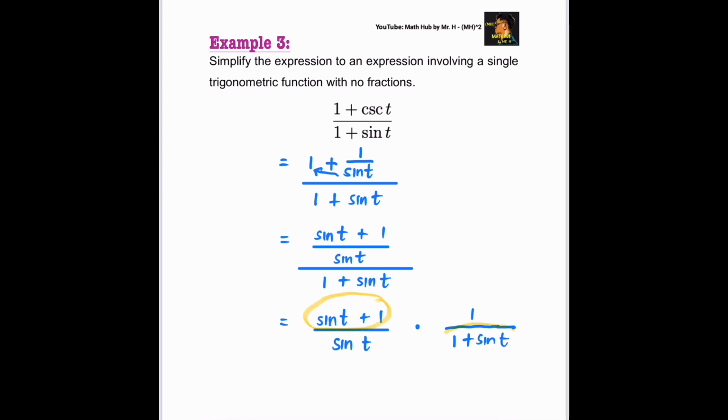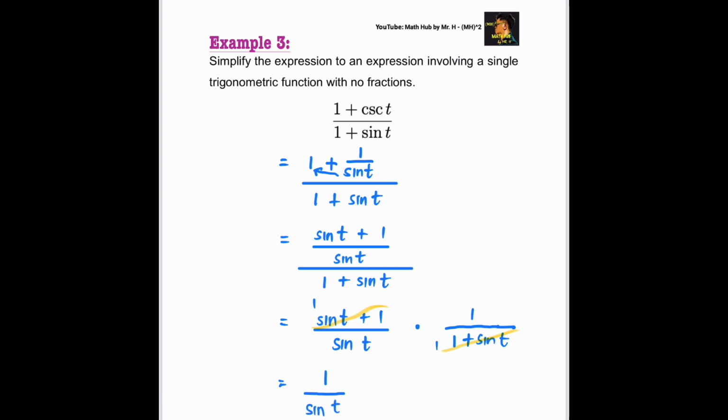All right, so if you take a look at this and this one, we can divide that, it is equal to 1, right? Or we can just simply cancel that and replace it by 1. This 1 times 1 is 1, divided by sine t times 1 is sine t.